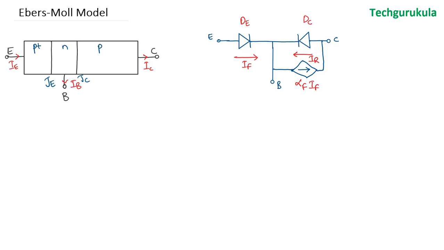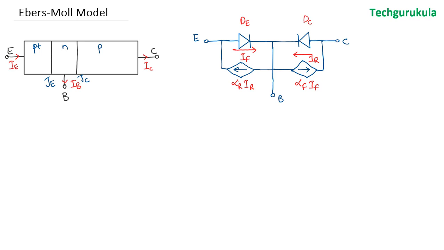Now because there is IR flowing through this, there would be current flowing through the emitter junction which would depend on this IR. That we can represent with a current dependent current source. Let me represent that here. This is alpha R times IR.